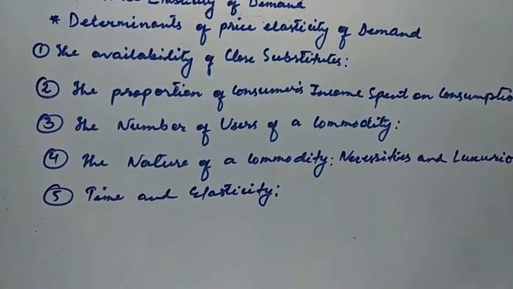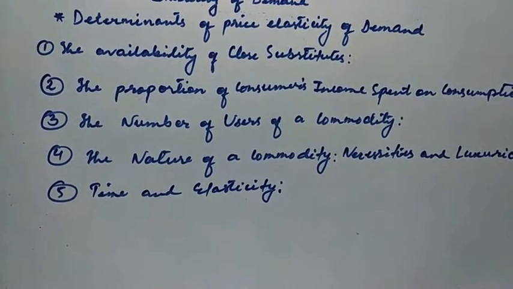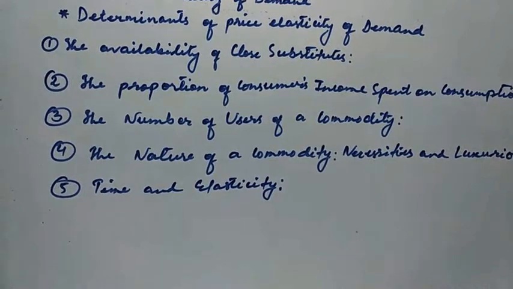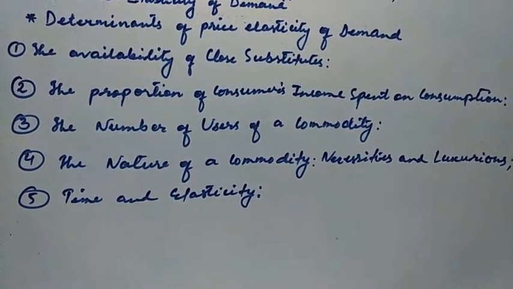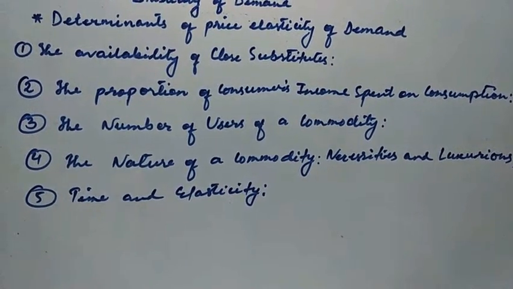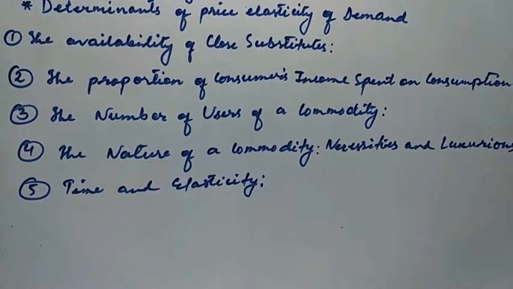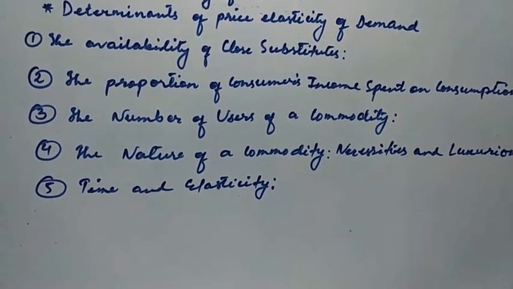When there is a rise in the price of a luxury commodity, the quantity demanded will decline drastically, and if the price falls for that luxury commodity, the demand for luxury items will increase drastically. So a big percentage change can take place because of the change in price.